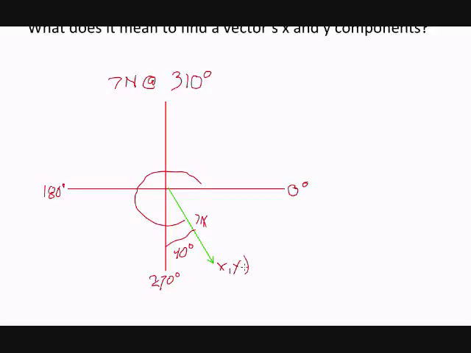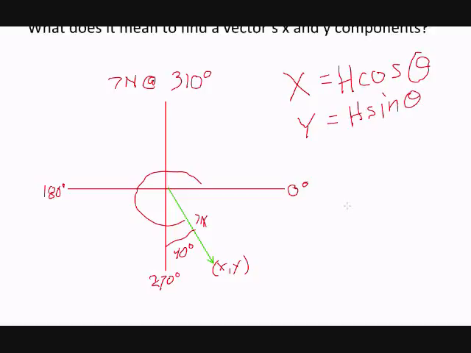Well, all you simply have to do, guys, is use the formula that Mr. Lee gave you, or the formula from your reference table. He gave you that x equals h cos theta, and y equals h sine theta.